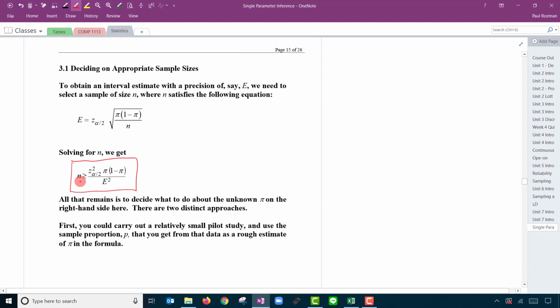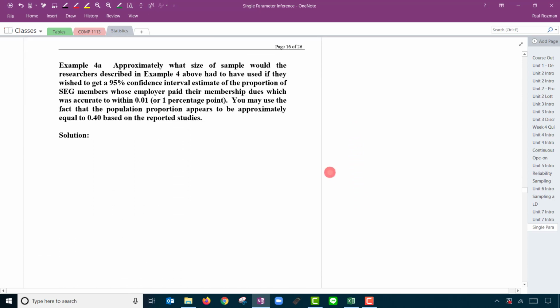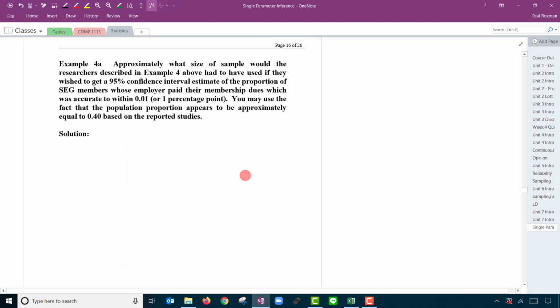In this case, we just want to err on the high side to make sure that we get a large enough n. So one way to do it is, again, maybe you have some old data. Maybe you have some historic data that would give you some insight as to what the proportion might be, and then you might use that in that formula. So I'll rewrite the formula here.